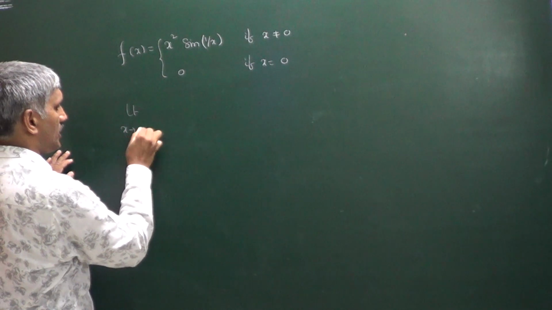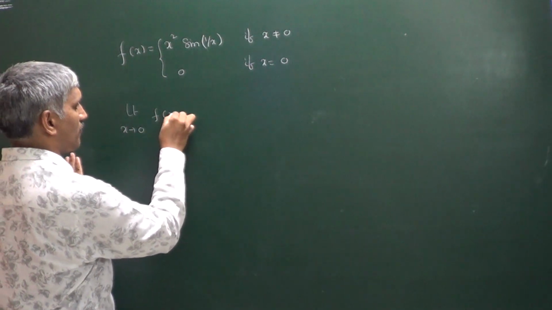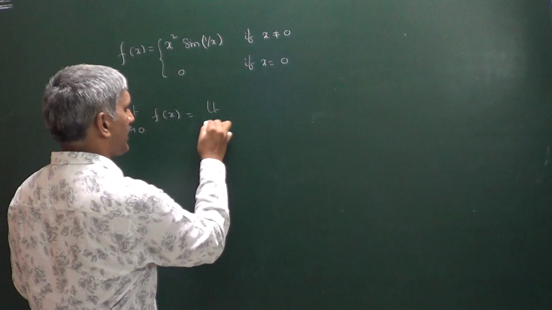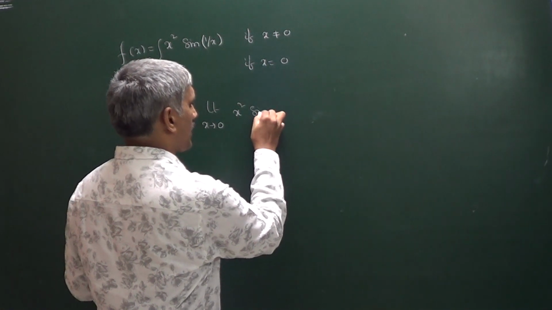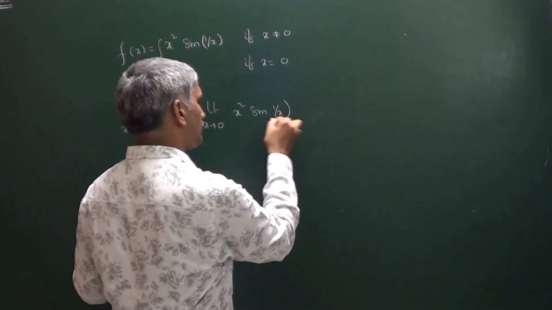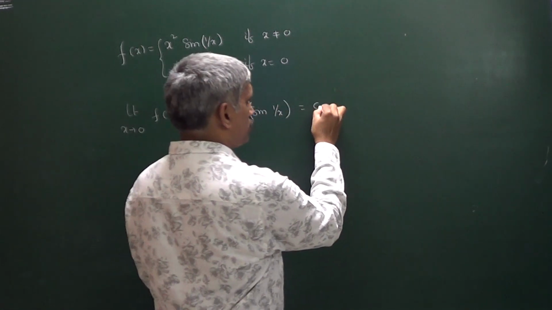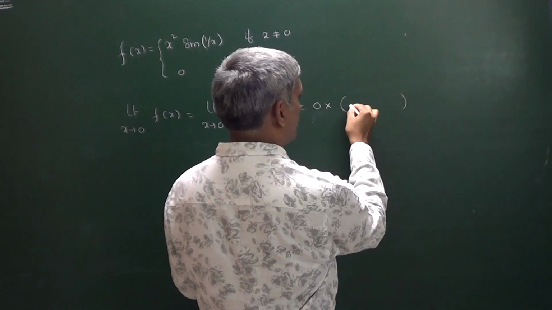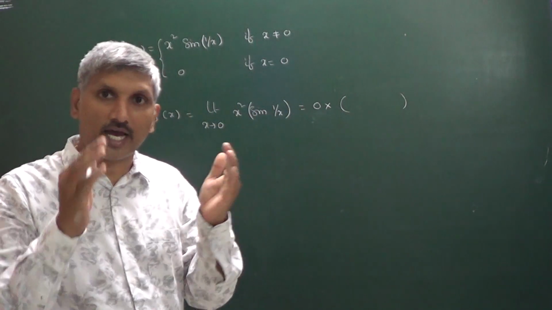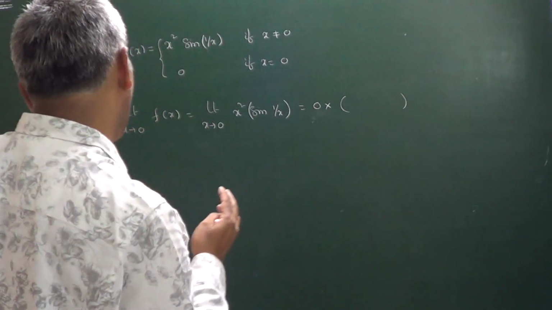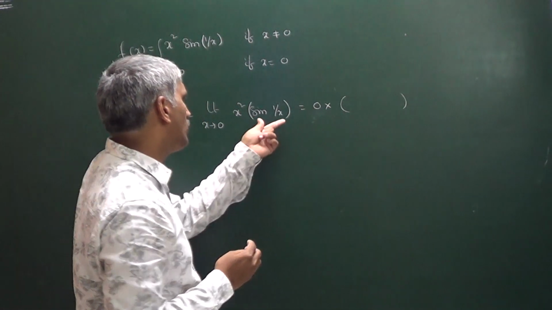We can write this one as limit x tends to 0 f of x is equal to limit x tends to 0, you will get x square into sin 1 by x. So this is equal to 0 into a finite value. Whatever you substitute here, it's a finite value because sin theta always lies in between -1 and +1.